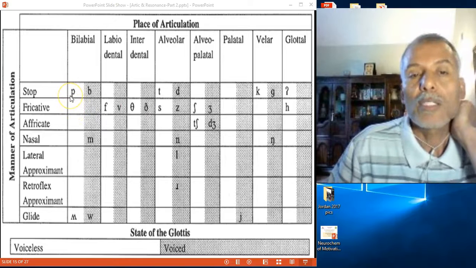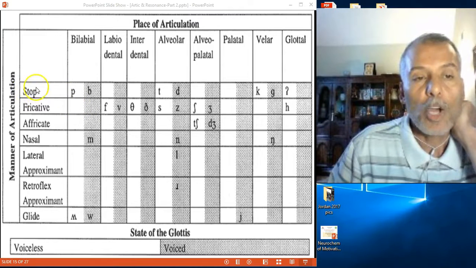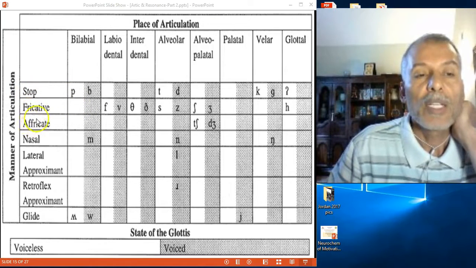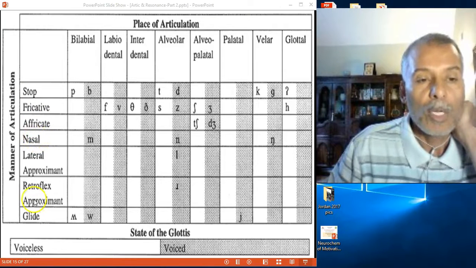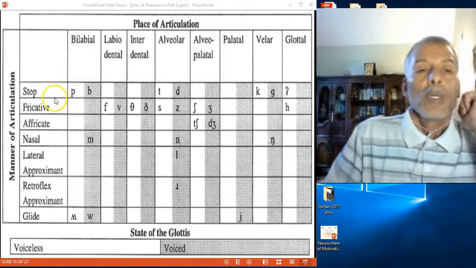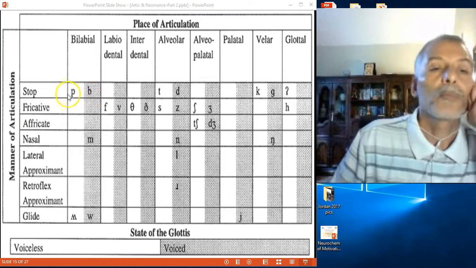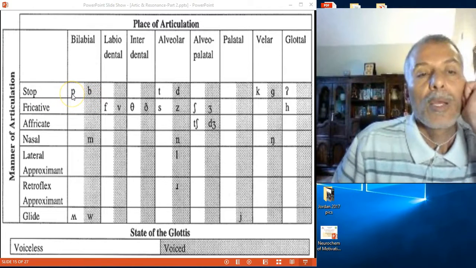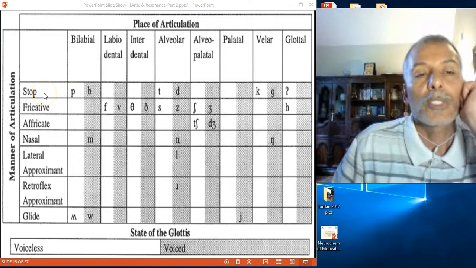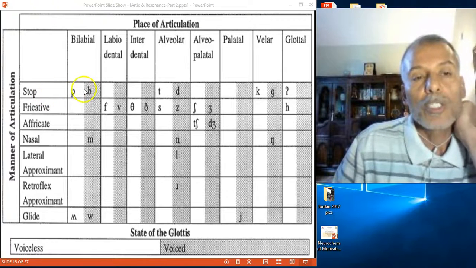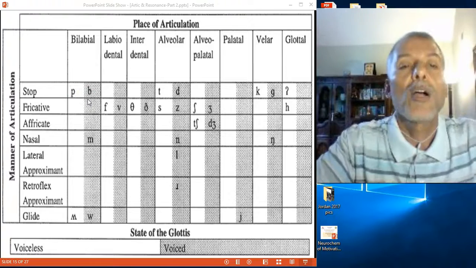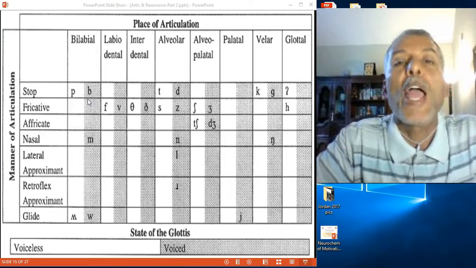Let's look at the 3 categories. Here are stops, and then fricatives, and then affricates, and everything below, we discussed all of this. So the stops, and all the other sounds, are arranged in what is known as cognate pairs.